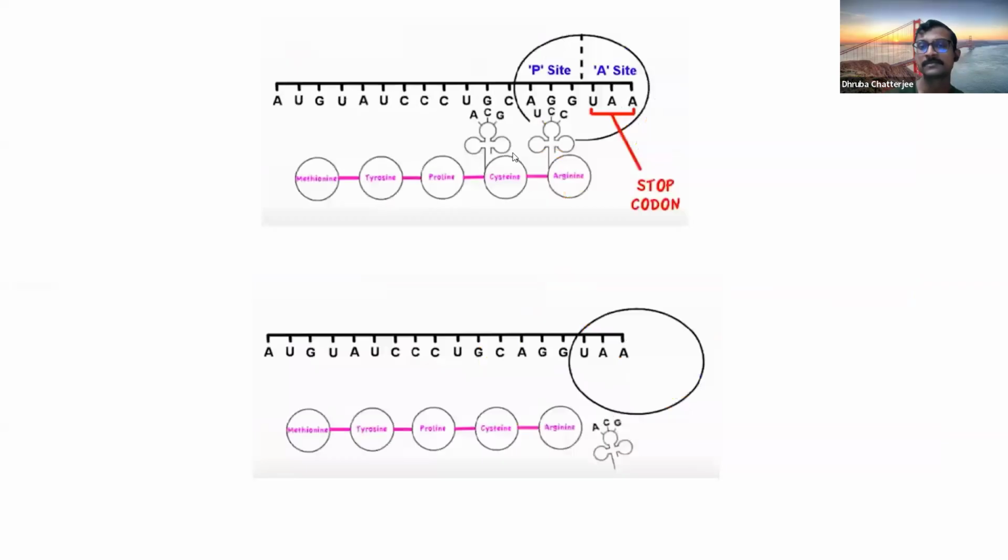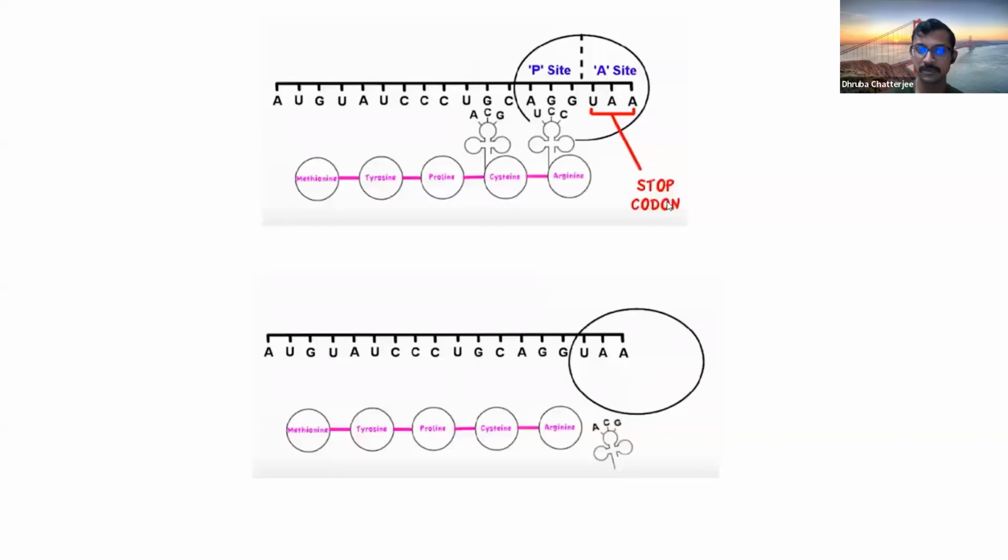New amino acid residues will keep on being added in the N to C manner. So as you can see, there has been an elongation of the polypeptide chain, and the nascent polypeptide chain has grown.